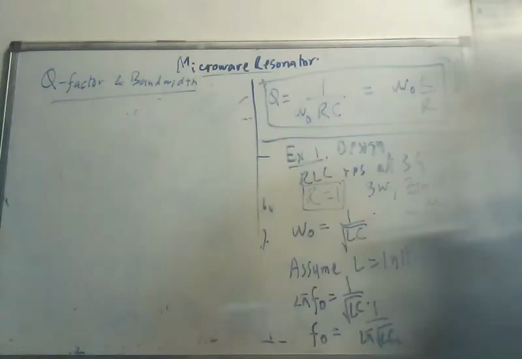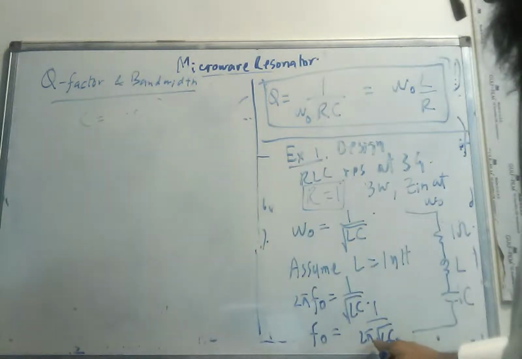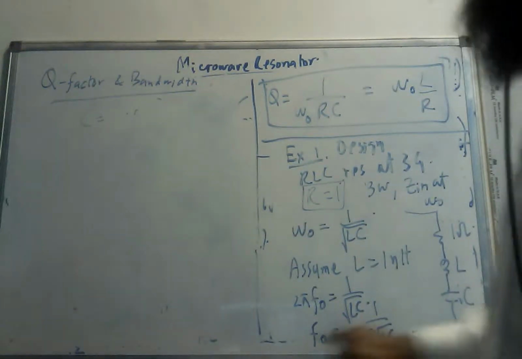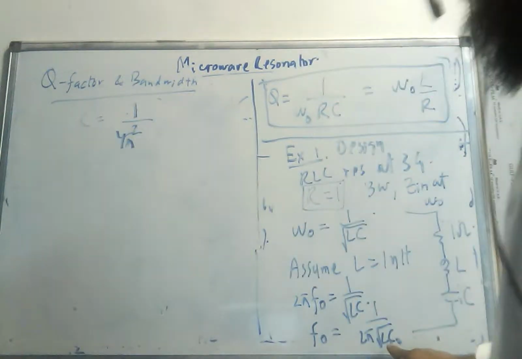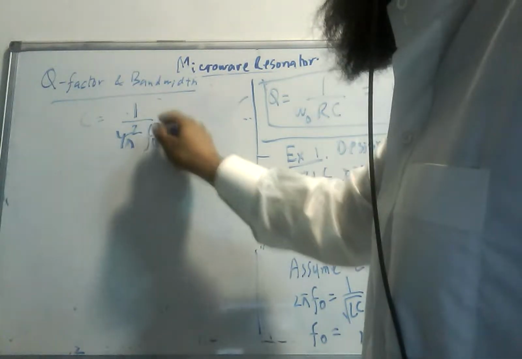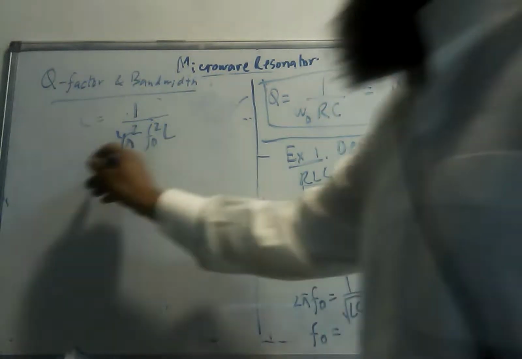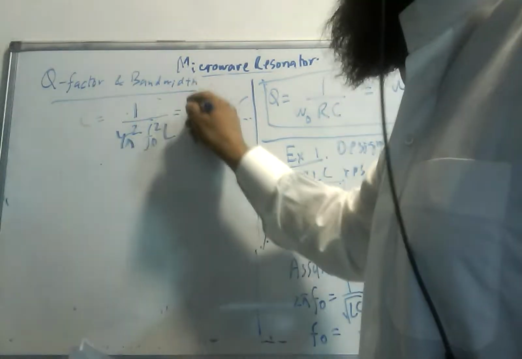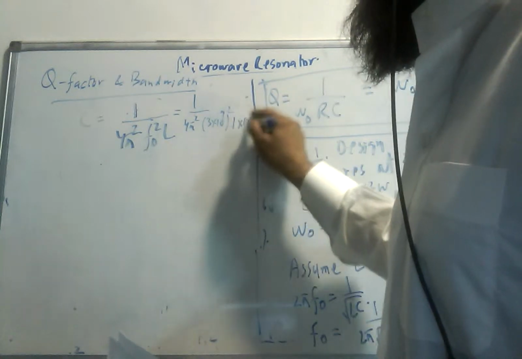I can delete this because I already found the Q, and the Q is given here. So C will be equal to, when I square it, 1 over 4 pi square f naught square L. If I put all those numbers, 4 pi square f naught square, with f naught 3 multiplied by 10 to the power 9 squared, and L is 1 multiplied by 10 to the power minus 9.